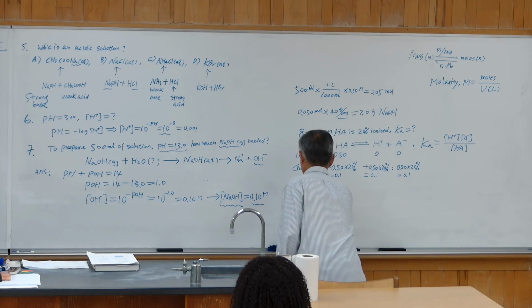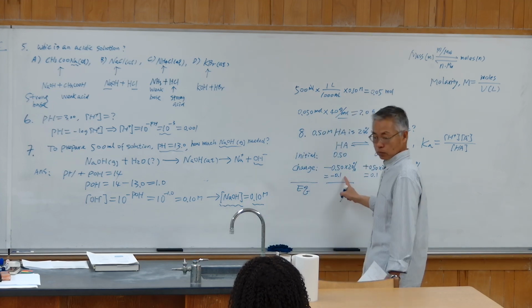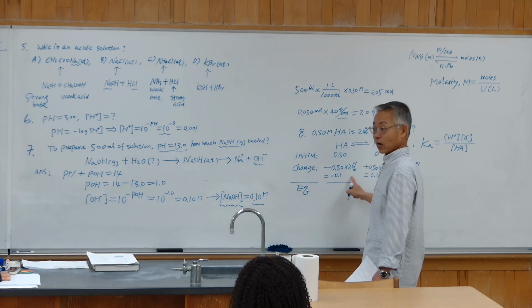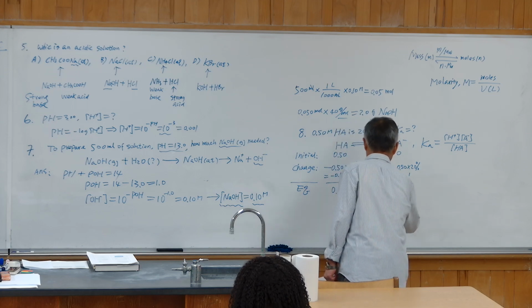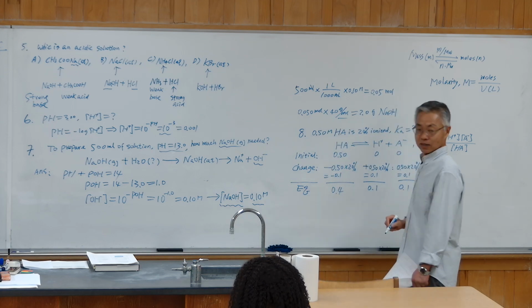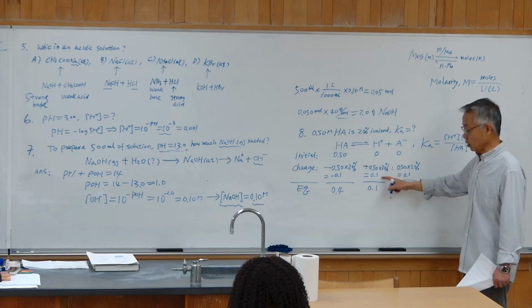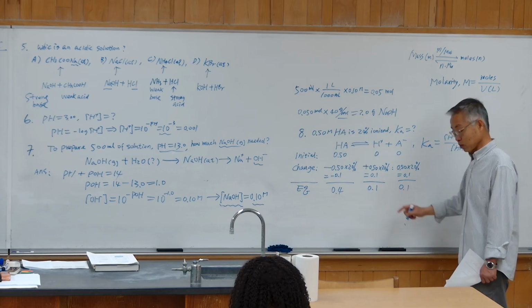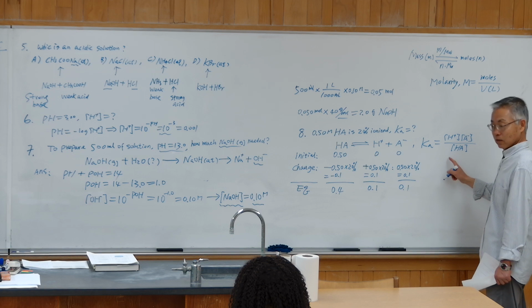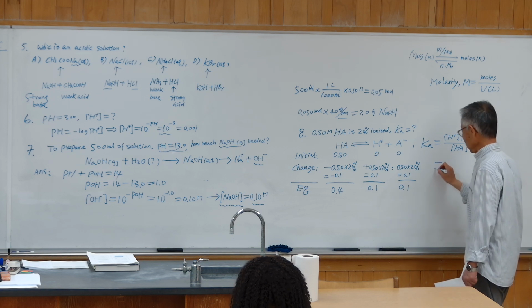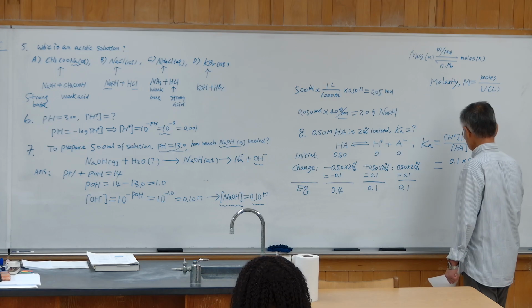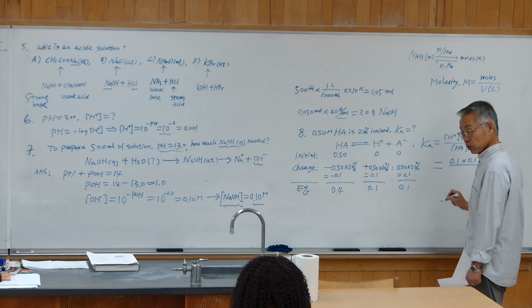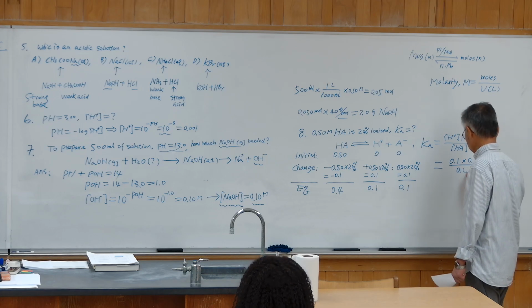Now, when it reaches equilibrium, 0.5 minus 0.1, the ionized part, leaves 0.4. This is 0.1, this is 0.1. Initial 0 plus this is still 0.1. Now in this formula: hydrogen 0.1, A minus 0.1, HA 0.4.